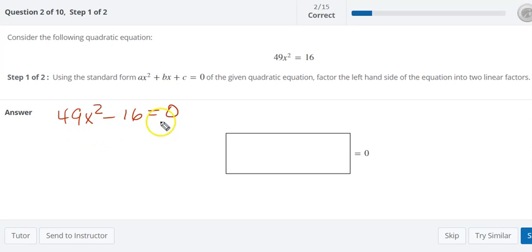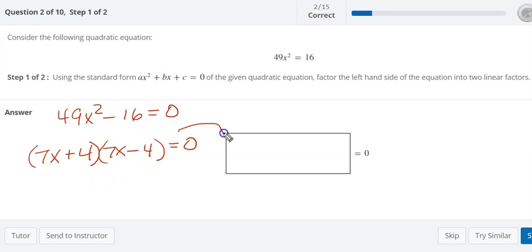Now, what they're asking is to show the factoring of this. This is the difference of perfect squares, which will factor into its conjugates: 7x, 7x, 4, 4. One's a plus and one's a minus. So this is what you put here.